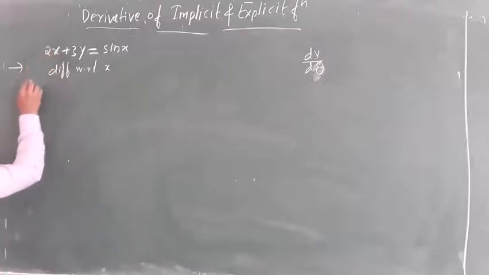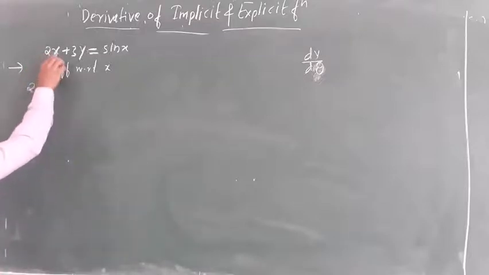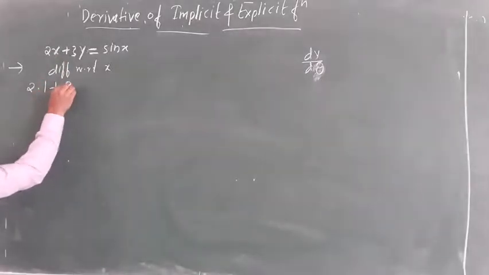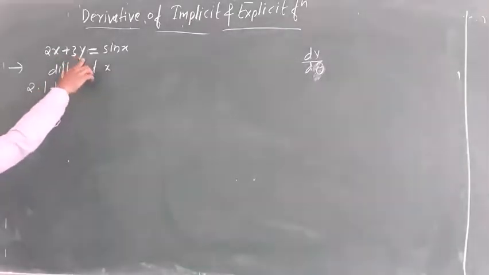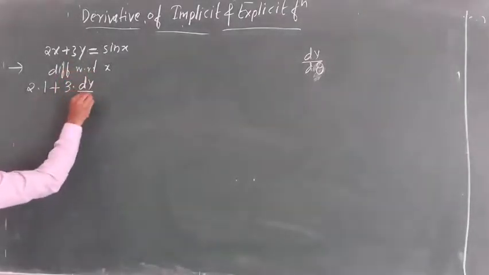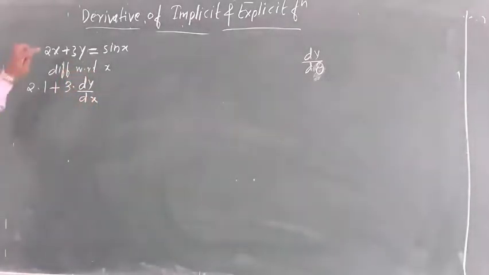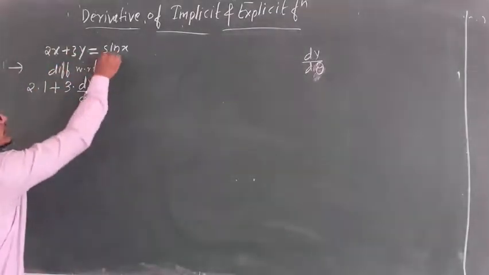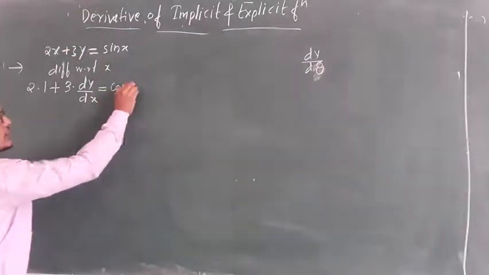Here 2 is a constant, I will keep it as it is. Derivative of x is 1, plus 3 as it is into the derivative of y, that is dy by dx, which is equal to the derivative of sin x, that is cos x.